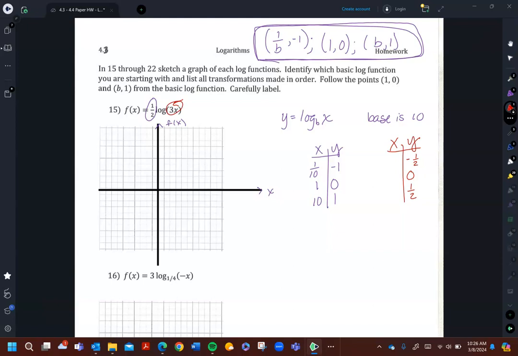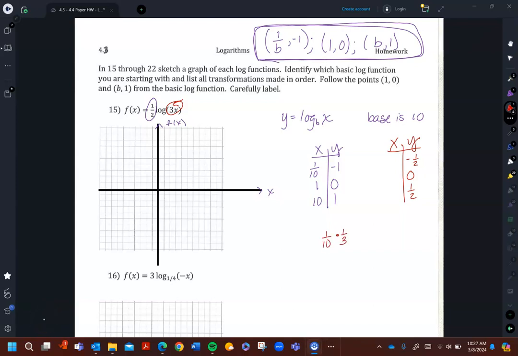So if it's being multiplied by 3 and I have a horizontal thing going on, I'm going to do the inverse. So I'm going to divide by 3 or multiply by 1/3. So we can go ahead and write those in here.